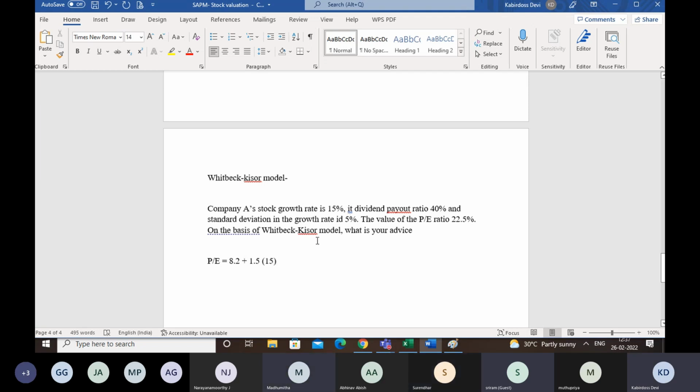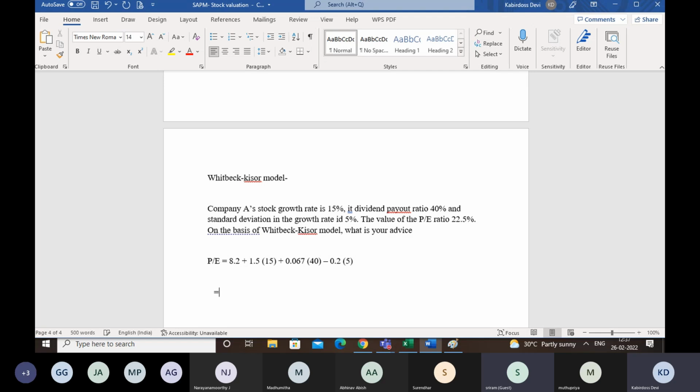Plus the constant value 0.067 into dividend payout. Dividend payout is 40. I'm taking all in percentage, not converting them. And minus 0.2 into the standard deviation. Standard deviation is 5.